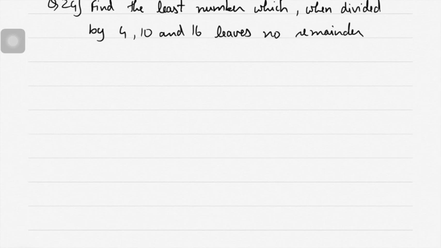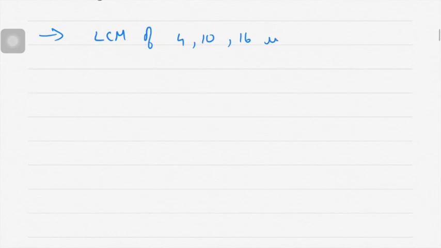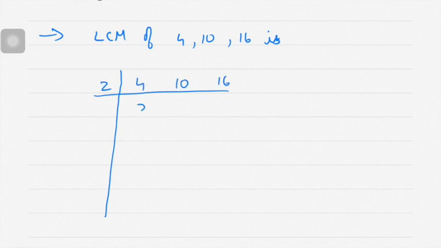Which when divided by 4, 10 and 16. So they are asking you to calculate a multiple, a common multiple of 4, 10 and 16. So LCM of 4, 10 and 16 is, let's calculate 4, 10, 16. 2 2s are 4, 2 5s are 10, 2 8s are 16.